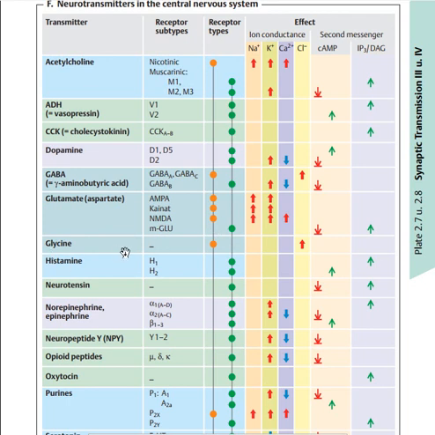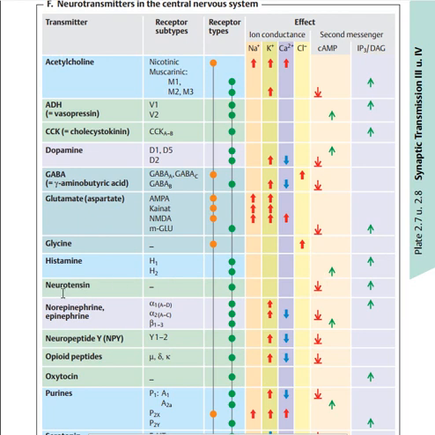So now we have glycine. Glycine is an ionotropic receptor. It increases chloride ion inside the cell, so since it increases chloride ion, it is going to be inhibitory. We have histamine, H1 and H2. Both of them are metabotropic, but H1 acts via the secondary messengers IP3 and DAG, and H2 occurs via the cAMP secondary messenger.